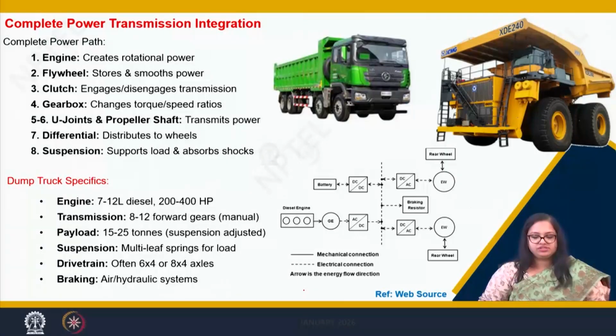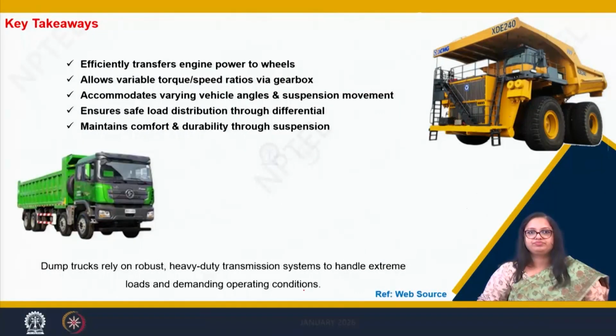In suspension systems, we see multi-leaf springs for taking up the load, and the drivetrain is often 6x4 or 8x4 axles, which means how many axles there are in the dump truck where the power gets transmitted. And then there are air and hydraulic braking systems as well, which increase the efficiency of the power transmission in heavy machineries.